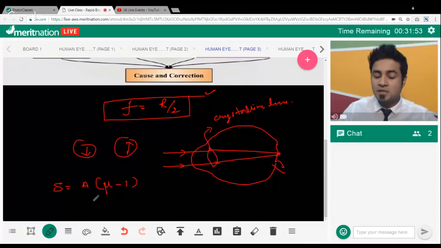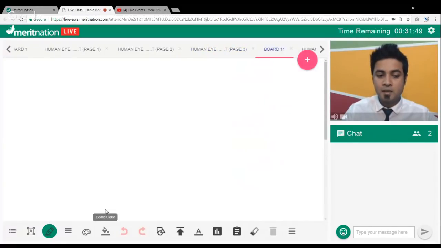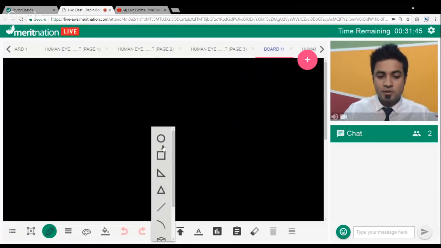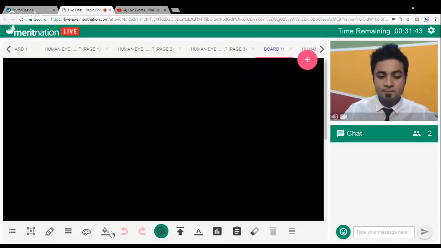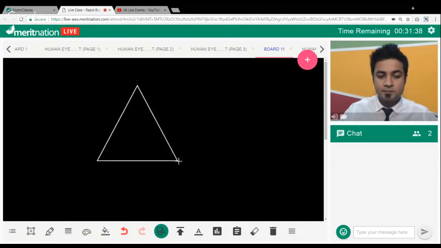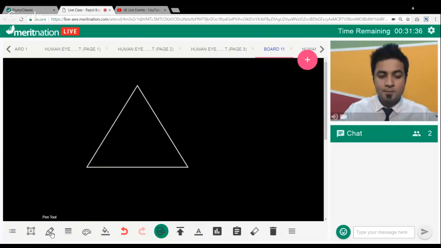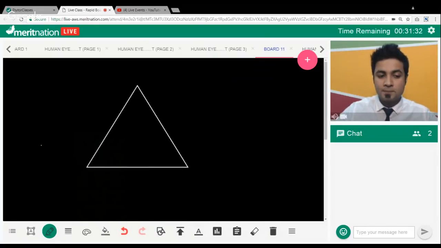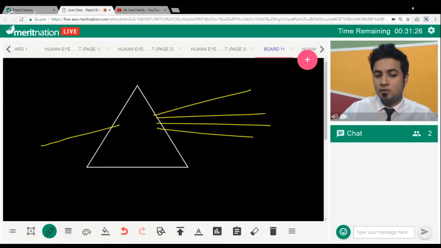So what happens is all these colors, let me just elaborate a bit by making this figure for you. Okay, so I'm just sketching up a prism here. If white light is going here, it is going to disperse into seven different colors.